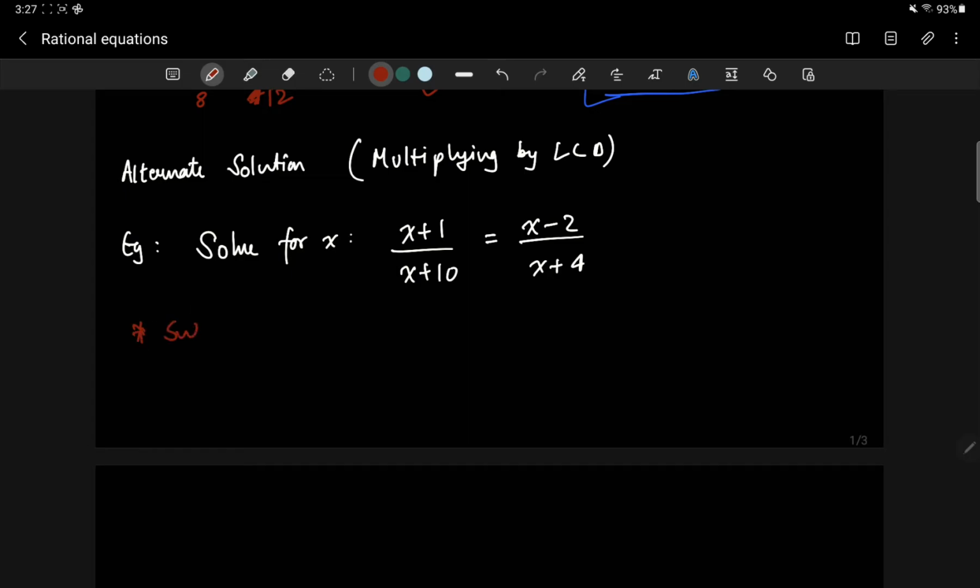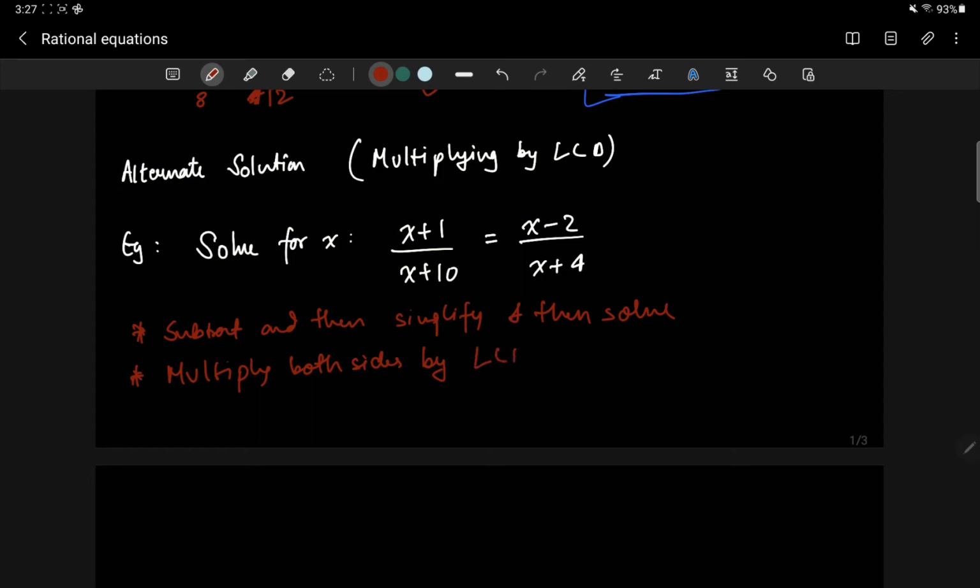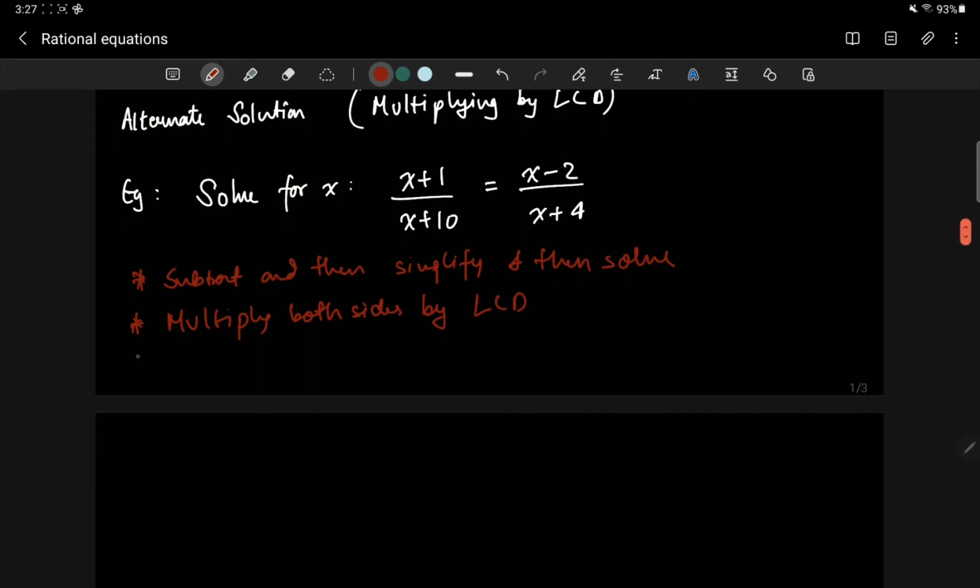You can either subtract and then simplify and then solve, or you can multiply both sides by the LCD, and then lastly you can just cross multiply.